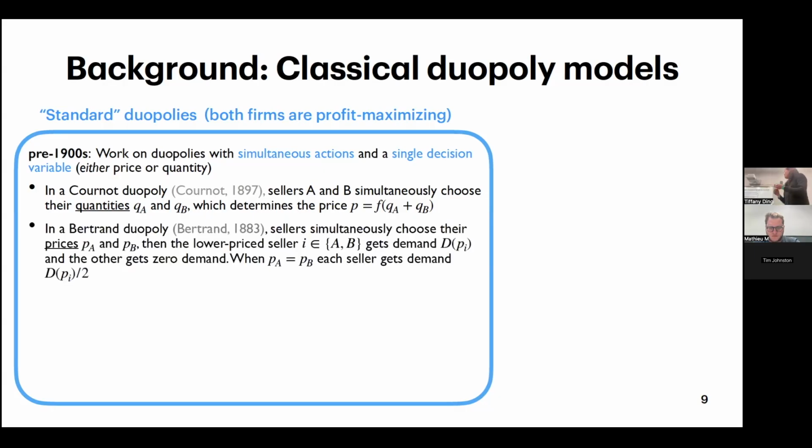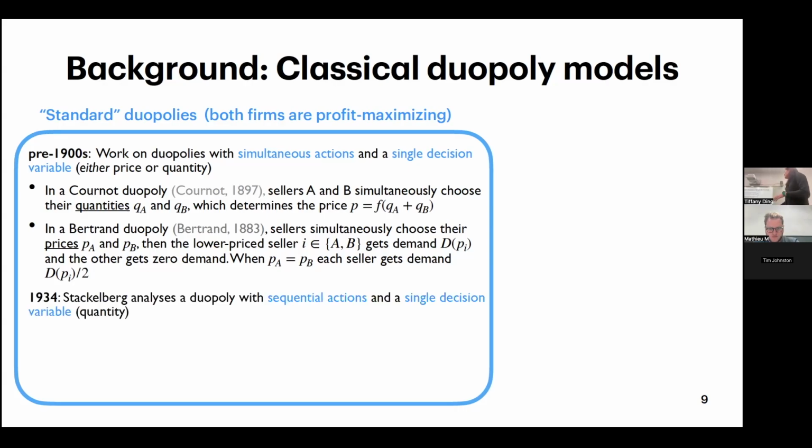In a Bertrand duopoly, the decision variable is price. The two sellers each choose their prices at the same time, and the lower price seller gets all of the demand, which is just the demand function D evaluated at that price. The higher price seller gets no demand, and in the case of a tie, they split demand evenly.